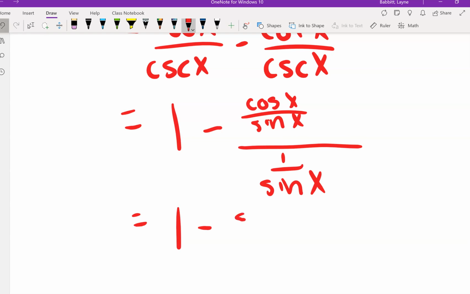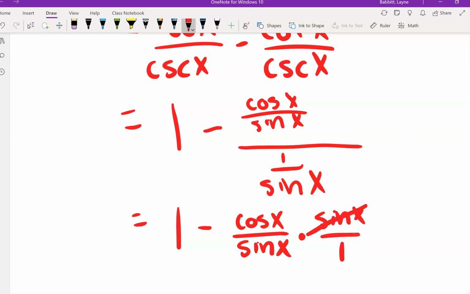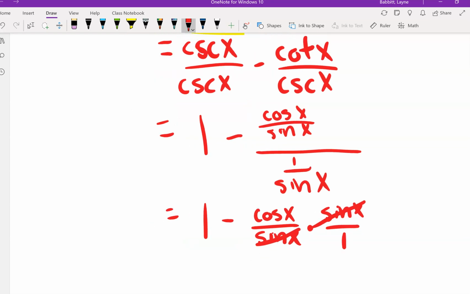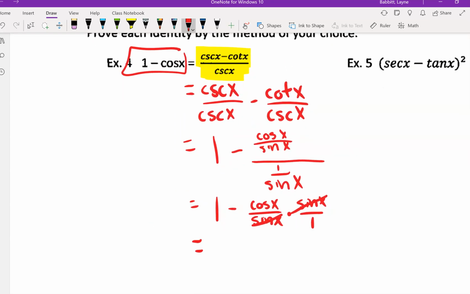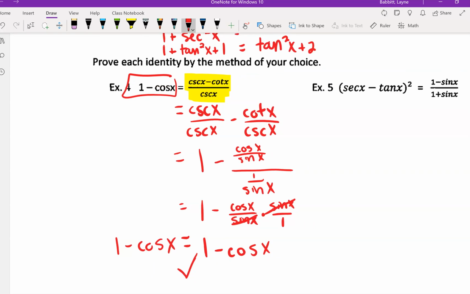So it's going to be cosine x over sine x times sine x over 1. The sines will cancel, and we'll be left with 1 minus cosine x, which was exactly what we wanted. So that worked. Ugly check mark, but it worked.